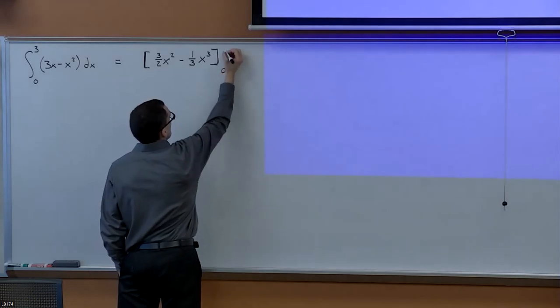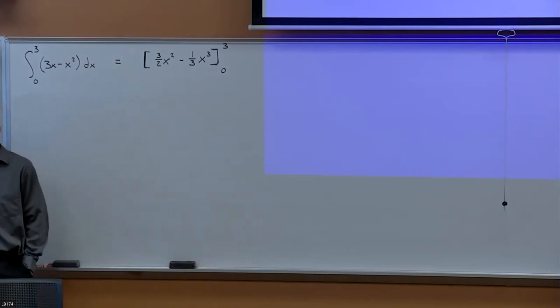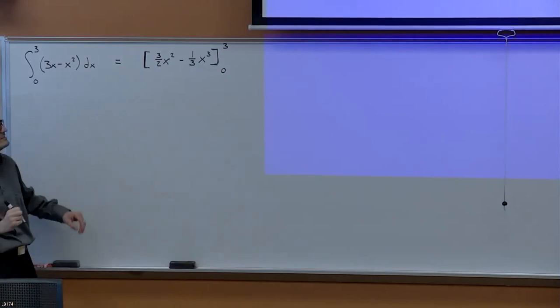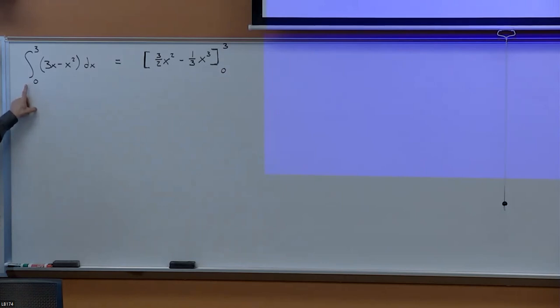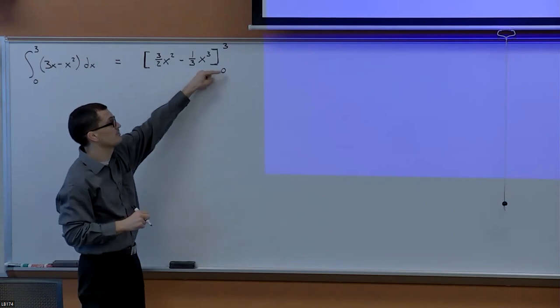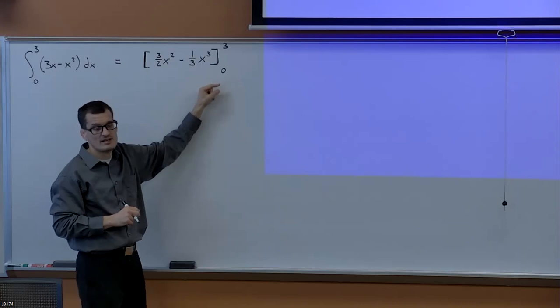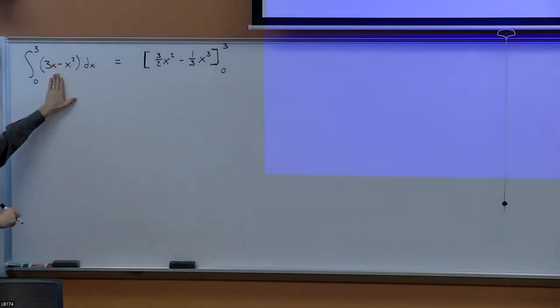And then we calculate it from 0 to 3. Notice that, again, it's very notationally heavy. The integration symbol, once I find the antiderivative, I put the bounds on the right-hand side. Okay, and that tells me this is prior to finding the antiderivative.